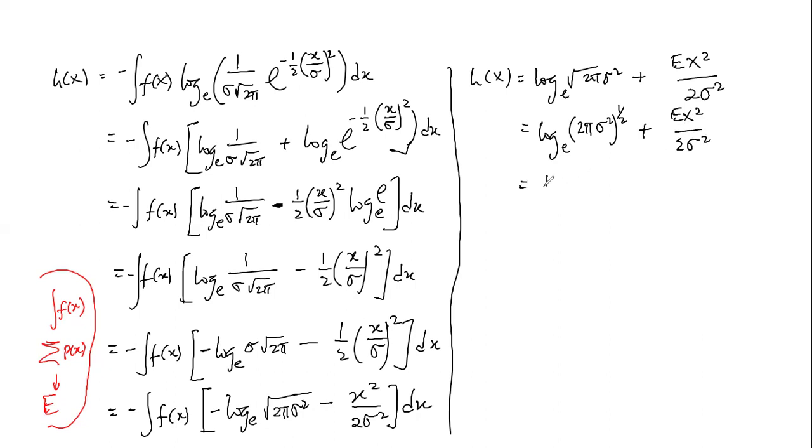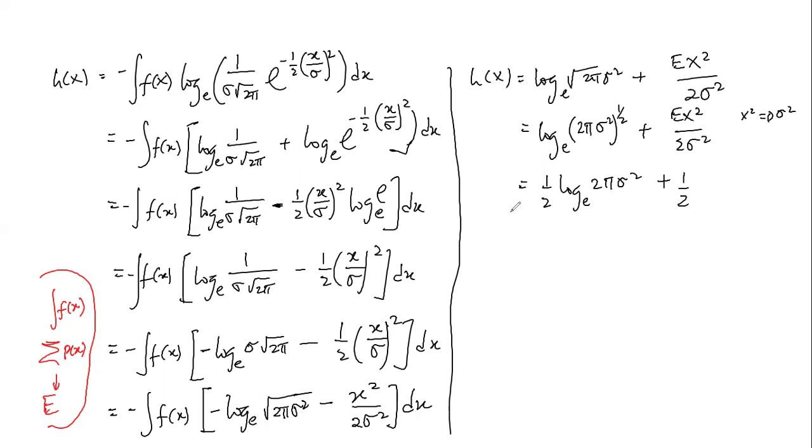And now this is the same as half log to base e 2 pi sigma squared plus, now should the signal energy be equivalent to the noise energy, this is going to reduce to 1 over 2.